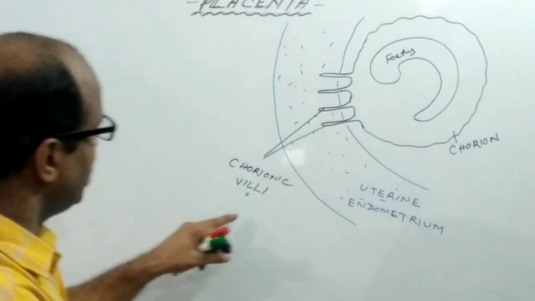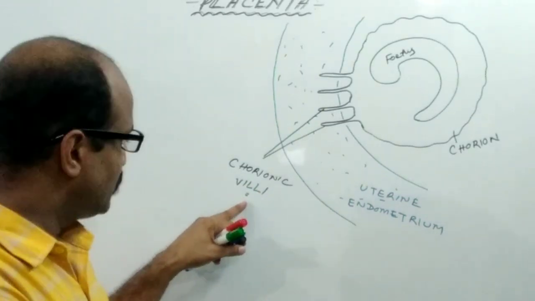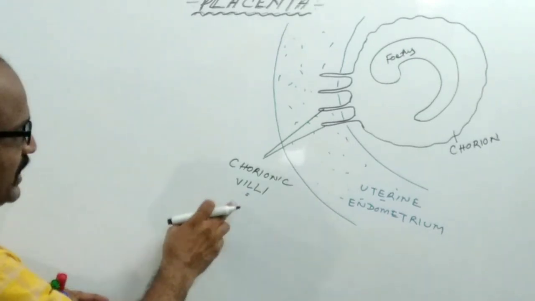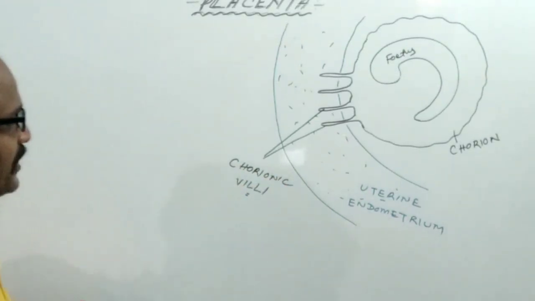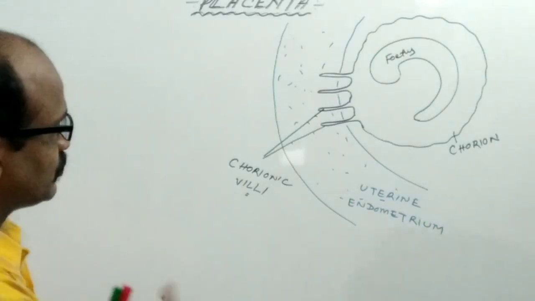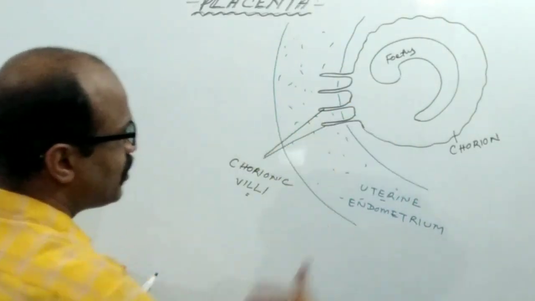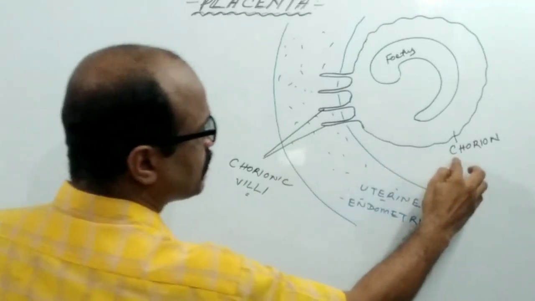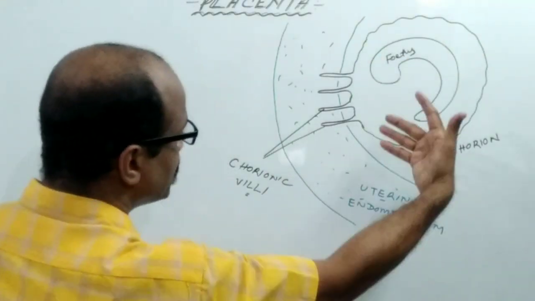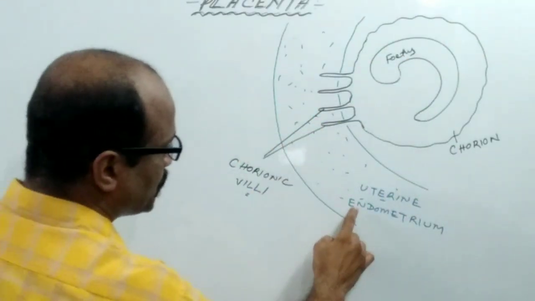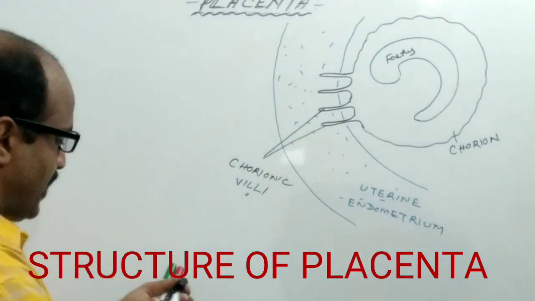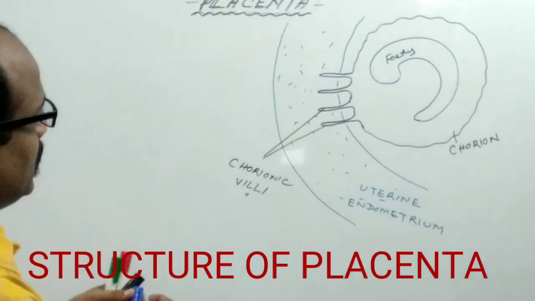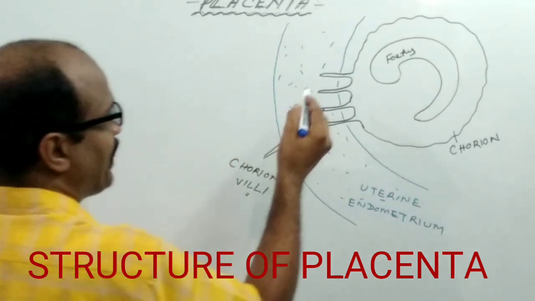You say villi or villi. It has two pronunciations, both are correct. These chorionic villi are finger-like projections that come out from the outer surface of the chorion and penetrate into the uterine endometrium. So what happens?